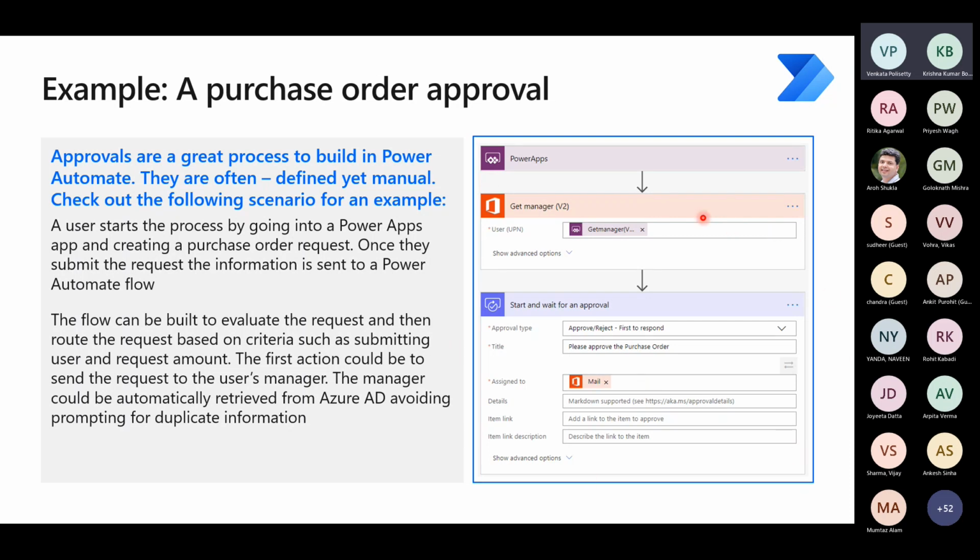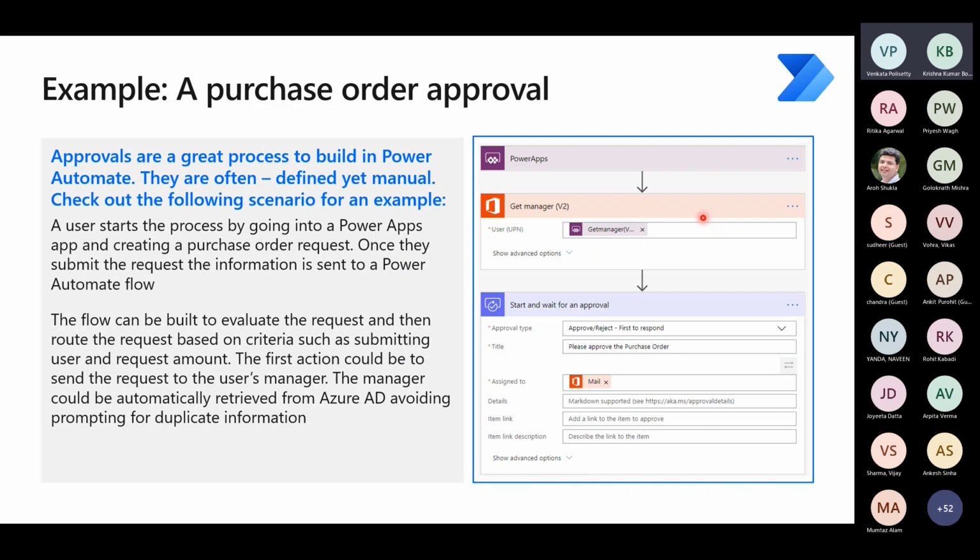Look at the manual steps that are present. From the app you get a request: I need this particular product. At the back end, the manual form is filled and moves to another person, who approves it. Again another manual form is generated and given to the other person. All this manual generation can be systematically stepped through using Power Automate.